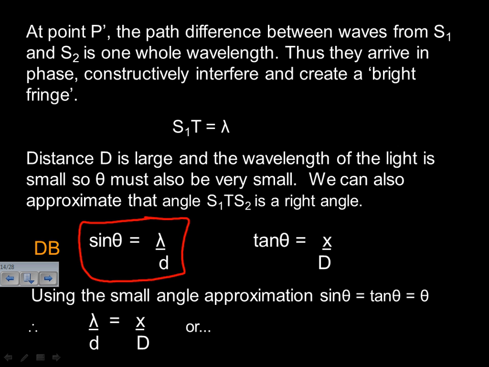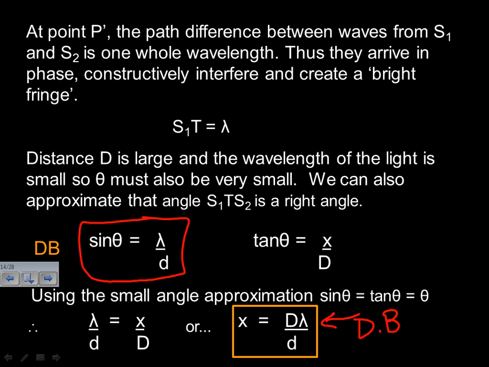But then if I combine it with your distance to the screen equation and your fringe width, and assume small angles, I get this bottom equation. This one is also in the data booklet. It just looks a little different. They have it actually, I think, in this form. It's the same thing. It's just what does it solve for?